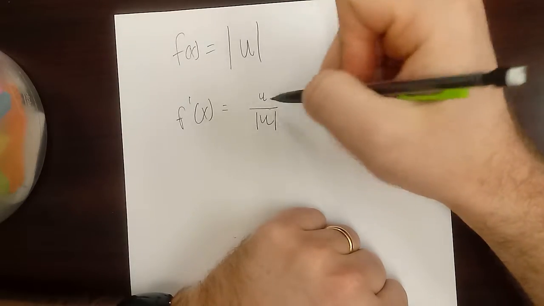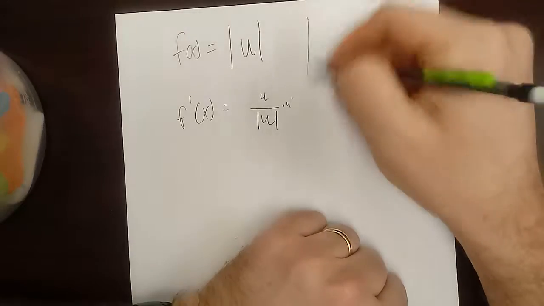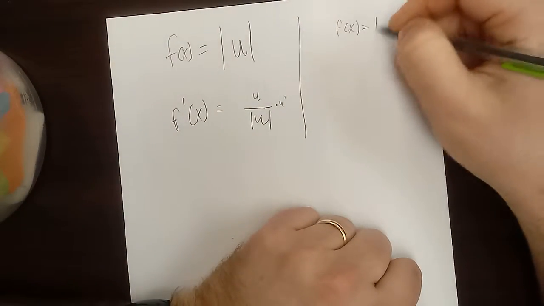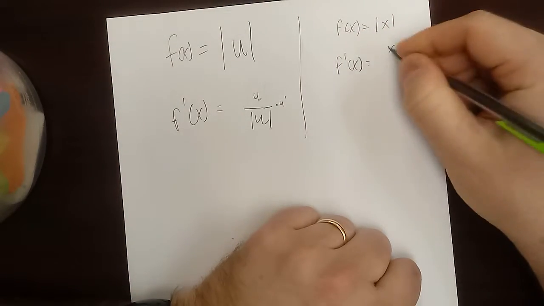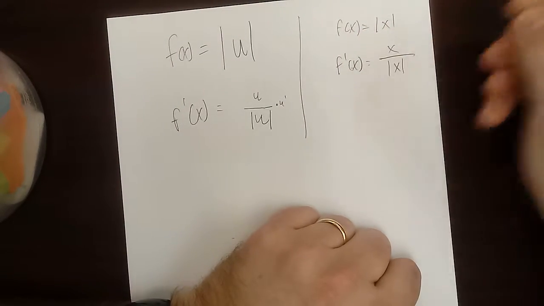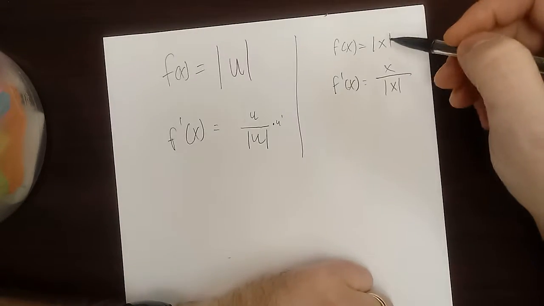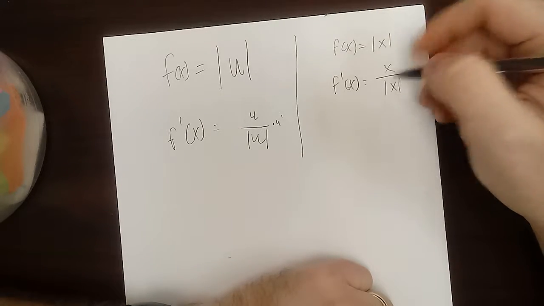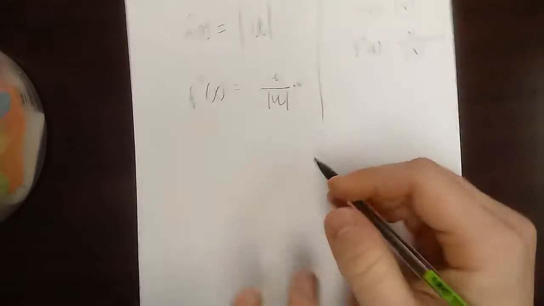So it's u over absolute value of u, and then we have to multiply by u prime. This is just a more general way. Instead of saying f of x is equal to the absolute value of x, the derivative of this is equal to x over the absolute value of x. The reason we don't use this as the generalized formula is x's derivative is 1, so putting the times 1 on the end is kind of dumb. But over here, it's more serious. So let me just give you an example.